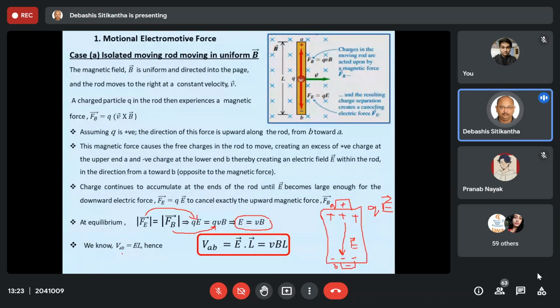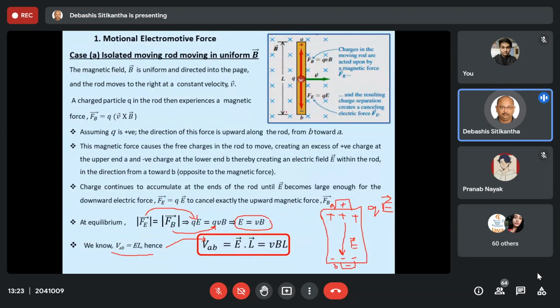So ultimately this equation can be written as VAB is equal to E vector dot dL vector. Why have I written it like this? Because E is a vector quantity and L is also a vector quantity. And as you can see, both E and L vectors are in the same direction or anti-parallel direction.